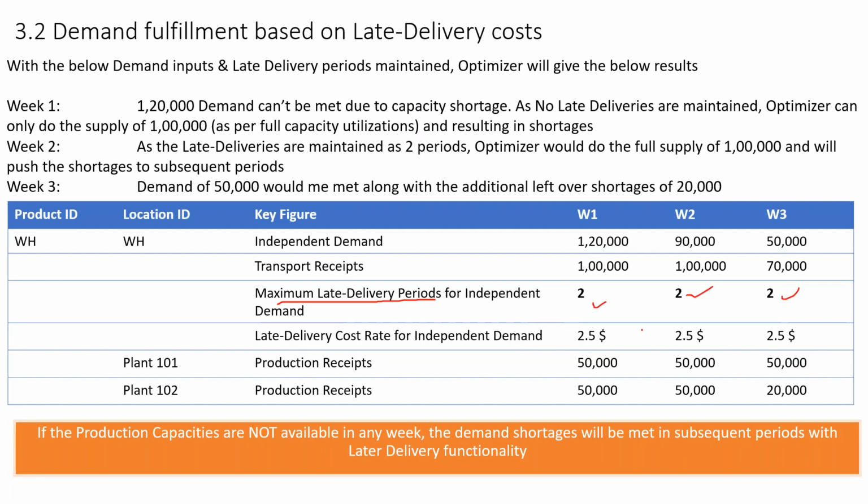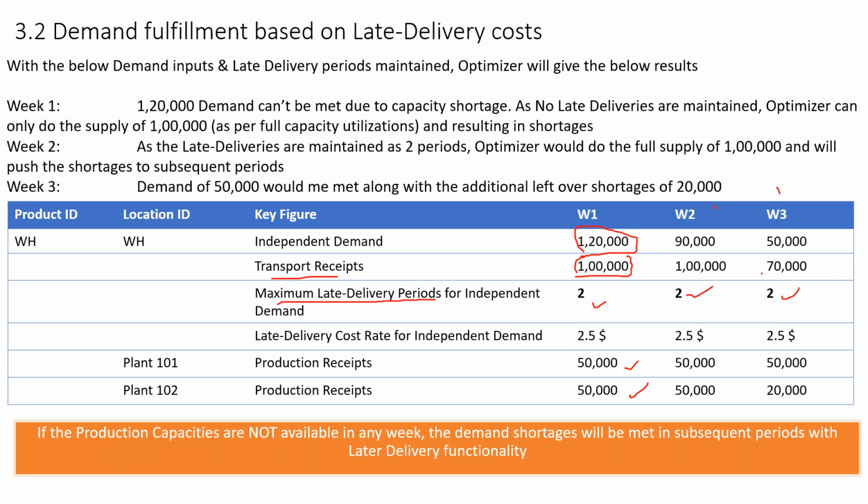That means the system can postpone the late deliveries, the shortages, for another 2 periods. Here the demand is 1,20,000, but the plants can do only 50,000, 50,000. That is the full capacity that we can run. So the system does transportation of only 1 lakh, a shortage of 20,000. The system tries to meet that in the next 2 consecutive weeks.